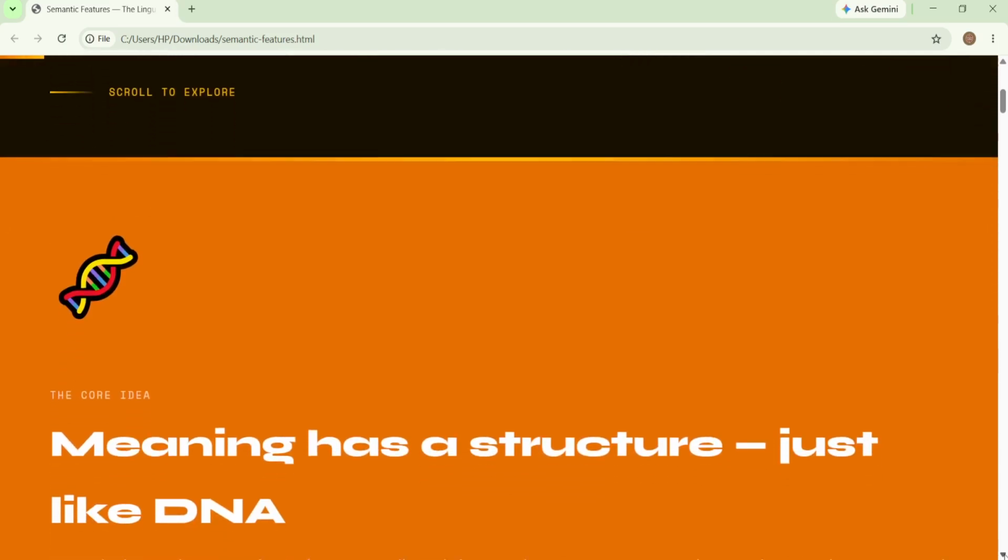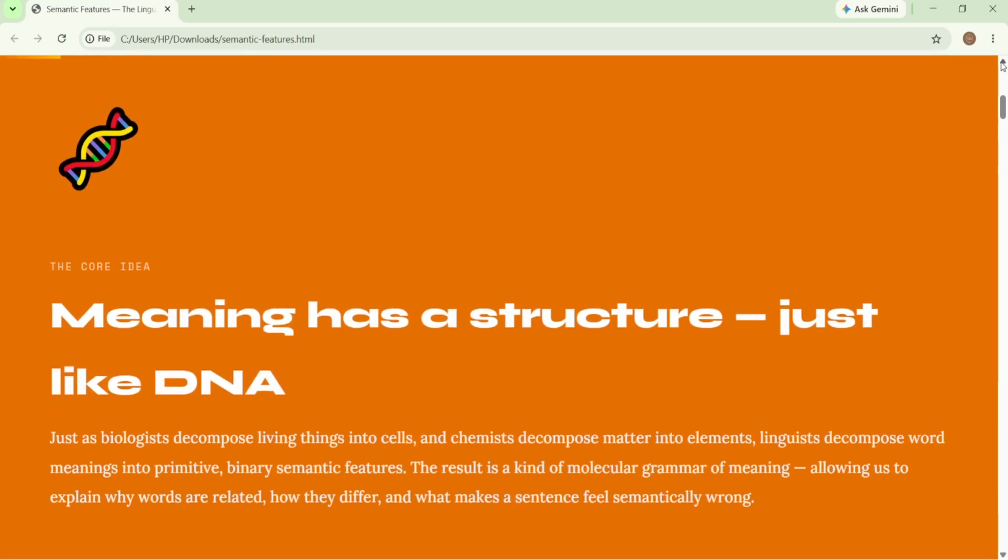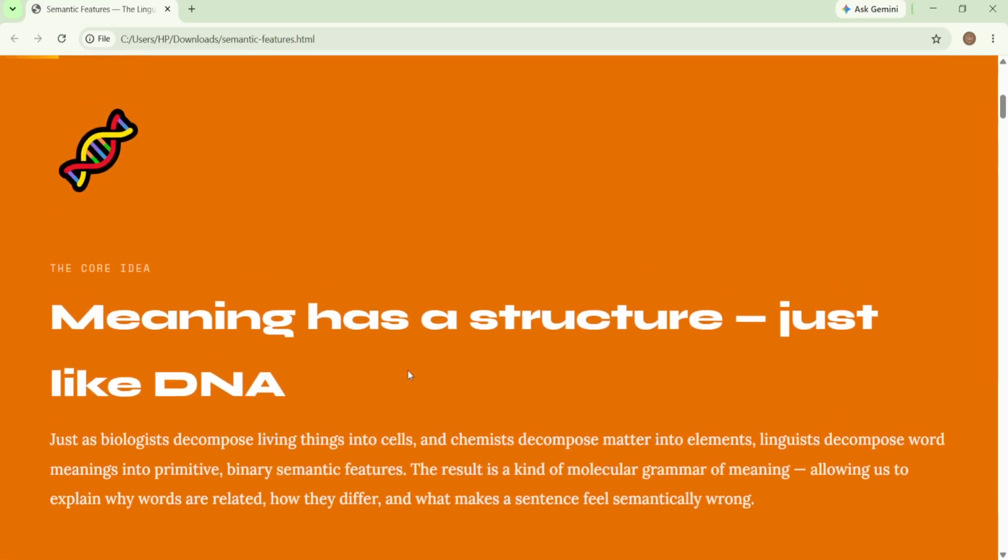Let's start with the core meaning. The core idea is that meaning has a structure just like DNA. Just as a biologist decomposes living things into cells and chemists decompose matter into elements, linguists decompose word meanings into primitive binary semantic features.